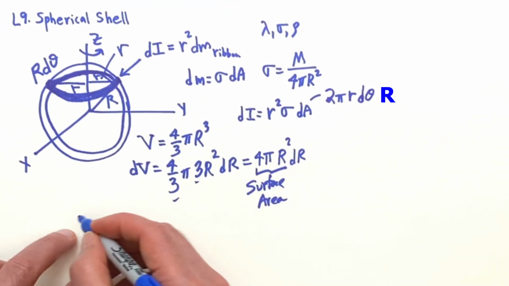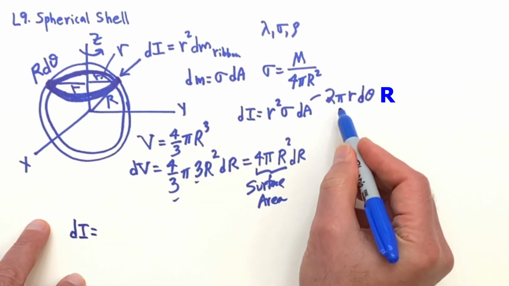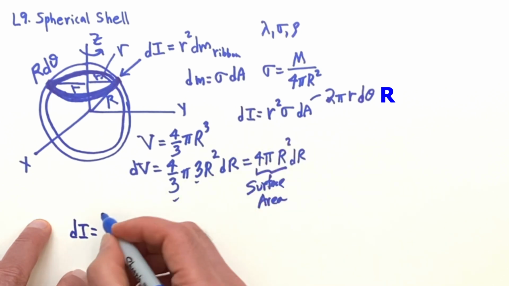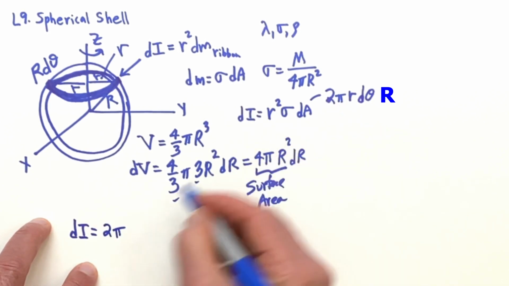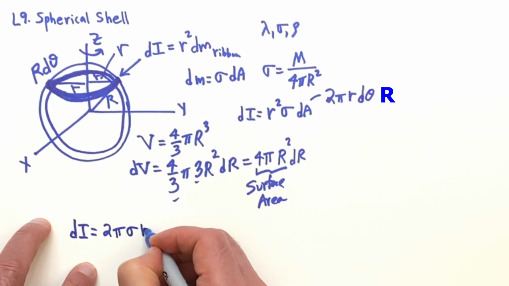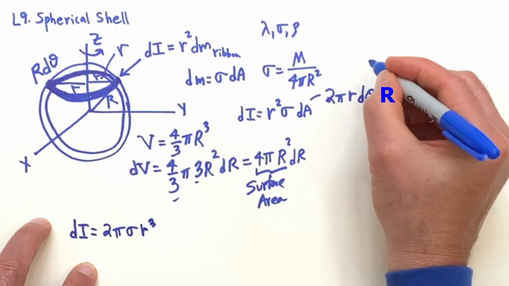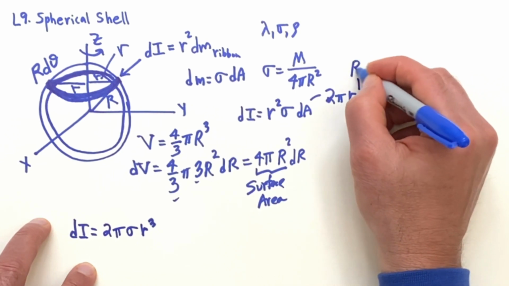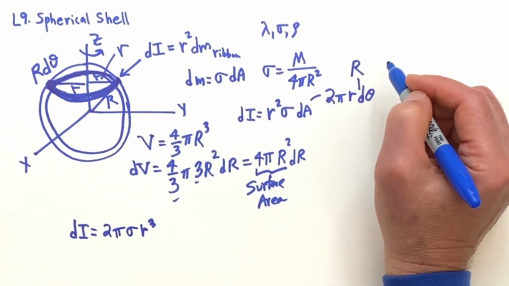So we have it, and we go ahead and put it down here. We have 2 pi r cubed and a sigma in there. So 2 pi times the sigma times the r cubed, and then here we need to have r d theta. We forgot the r there, so put the r d theta.